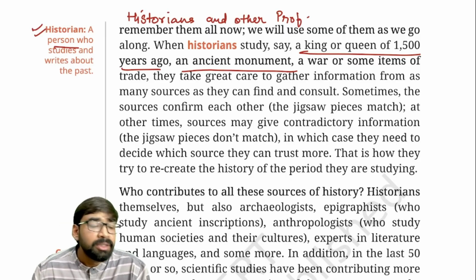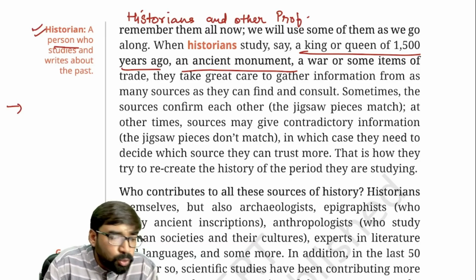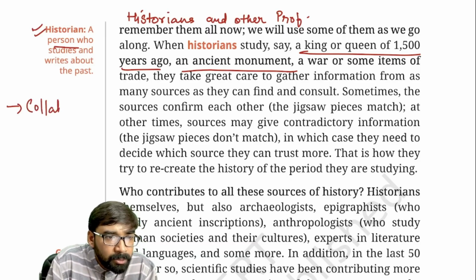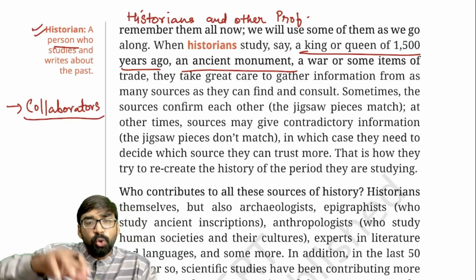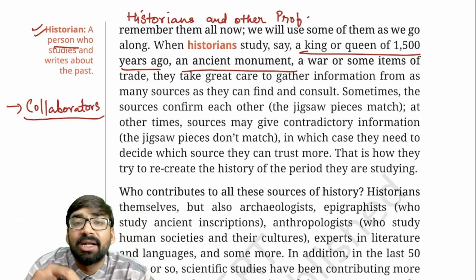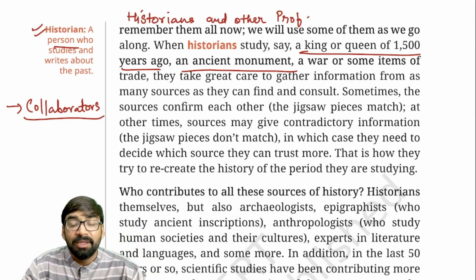Okay, fine. Now, other important professionals like collaborators, है ना? You must have heard this term, collaborators. Now, who are these collaborators? Collaborators किसको कहा जाता है? Collaborators who collaborate with historians are archaeologists, paleontologists, है ना?